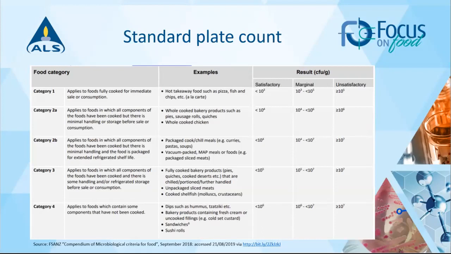But there are also guidelines set by FSANZ, which you can see here, and they've attributed risk categories to food. They're all captured in the table with examples of the types of food that come under each category. So for example, a ready-to-eat food in category 4, such as a dip, should have a standard plate count specification of less than 10 million CFUs per gram.